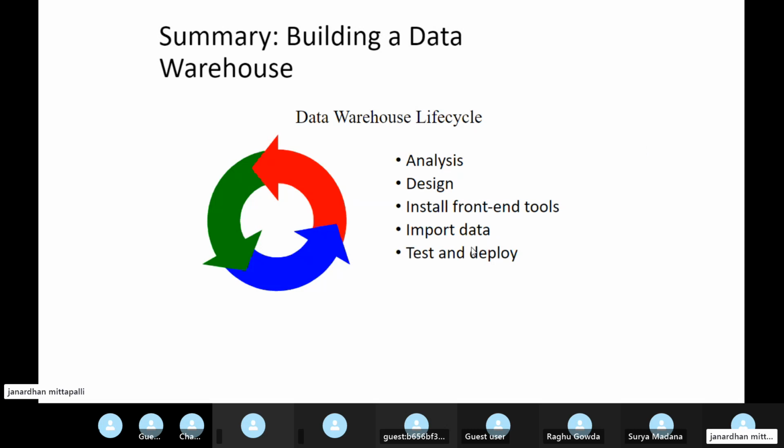Then import data, test and deploy. After installing front-end tools, they get some data entered from the source system and check whether it is being added as we expected and as we designed. If it is not, then we go and configure where it went wrong.